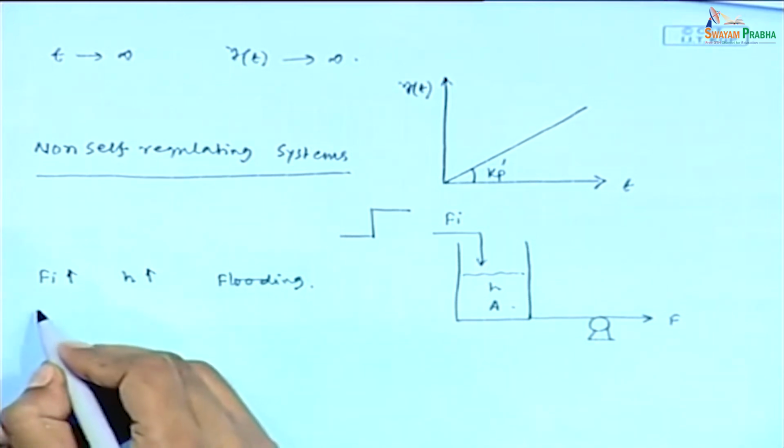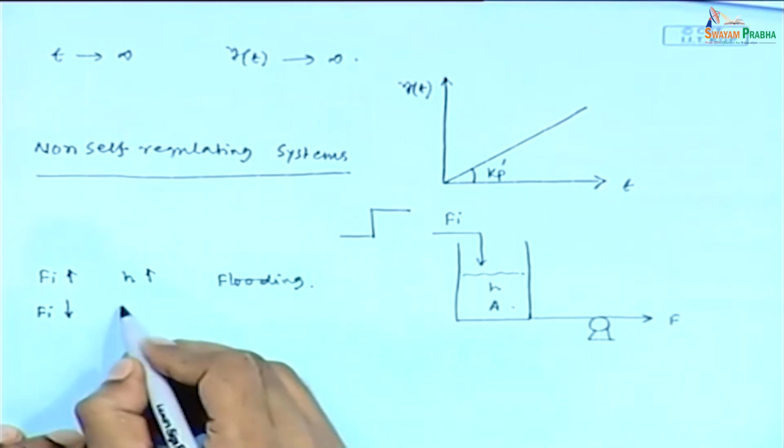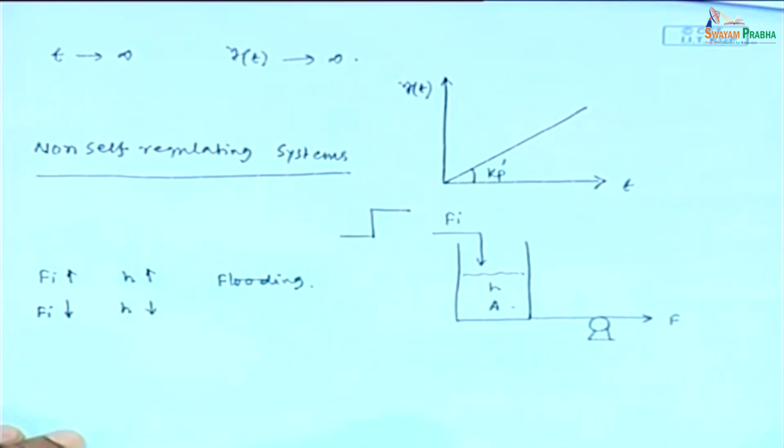Similarly, if we decrease F I, then height decreases because pump is delivering constant quantity and the tank becomes empty, fine. That is why we called this process as non-self regulating process.